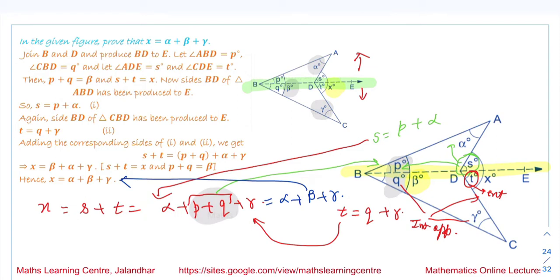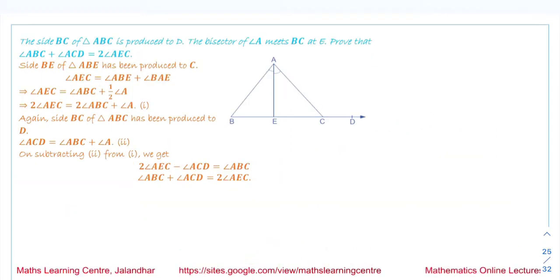Now next is: the side BC of the triangle ABC is produced to D. So a triangle ABC is given to us and the side BC is produced to D. The bisector of angle A meets, bisector of angle A means if this value is x, then this value is also x, the value of the angles we are talking about over here.